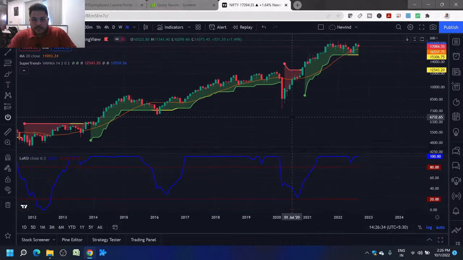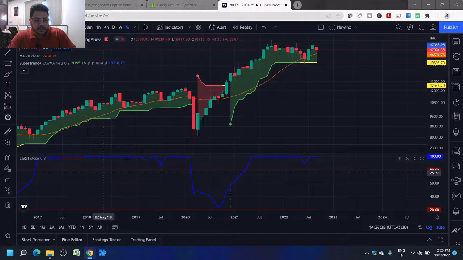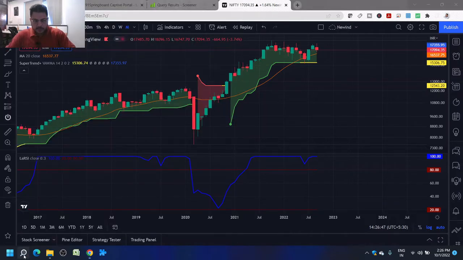I hope you can see the screen today. I am on the Nifty chart, and if you notice, we are on a monthly time frame. Let me just use the epic pen here.